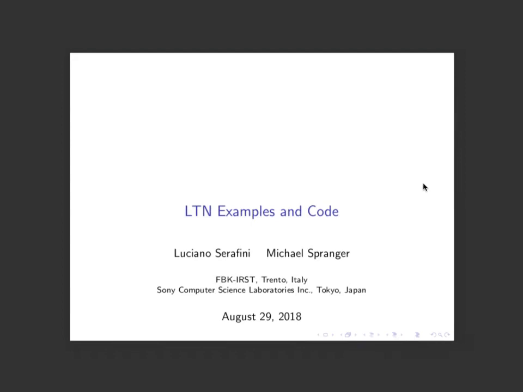So these are now slides by Luciano and Michael Spranger from Sony in Tokyo, and Luciano from Trento. What I want to do is show you a number of examples of LTN in practice applied to classification, clustering, regression. And it's very nice that it's the same framework that we've seen, with capabilities to do these exciting things.